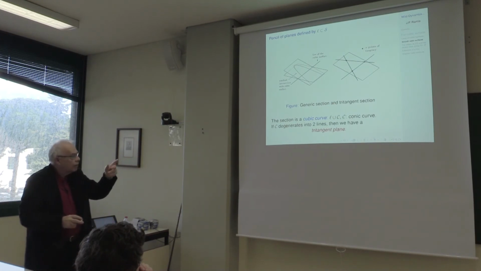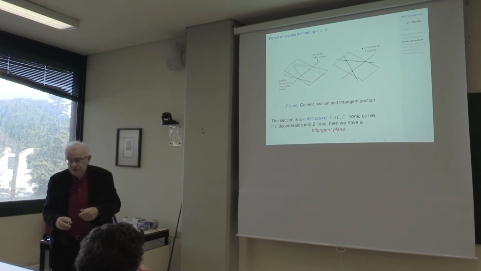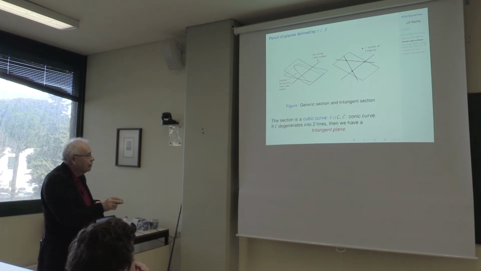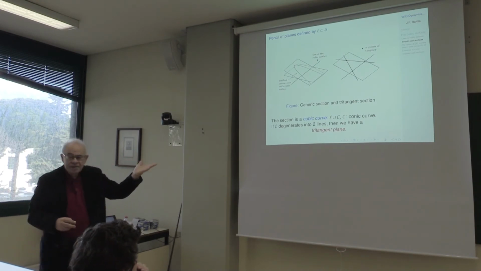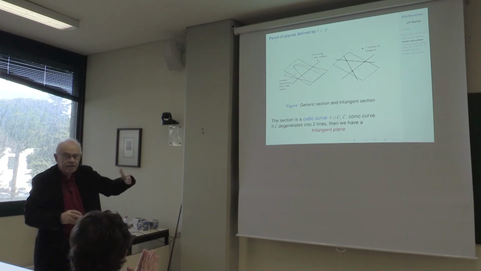And now if you look at the section by such a plane, then the section is a cubic curve, but it contains already a line, so it remains a conic curve. So, okay, you turn. An interesting situation is when this conic curve degenerates in two lines.